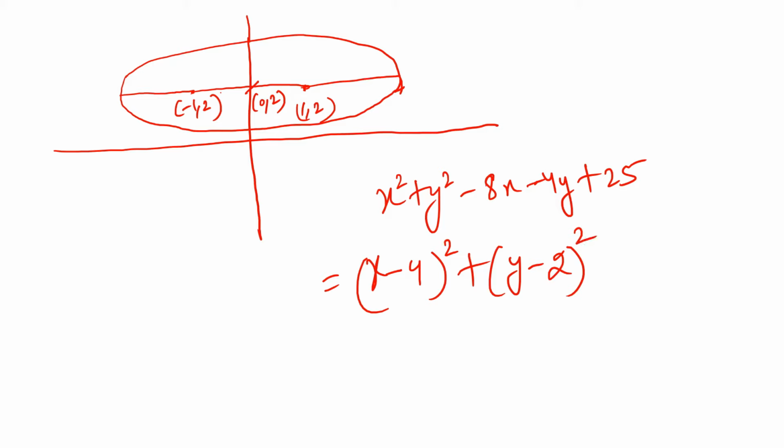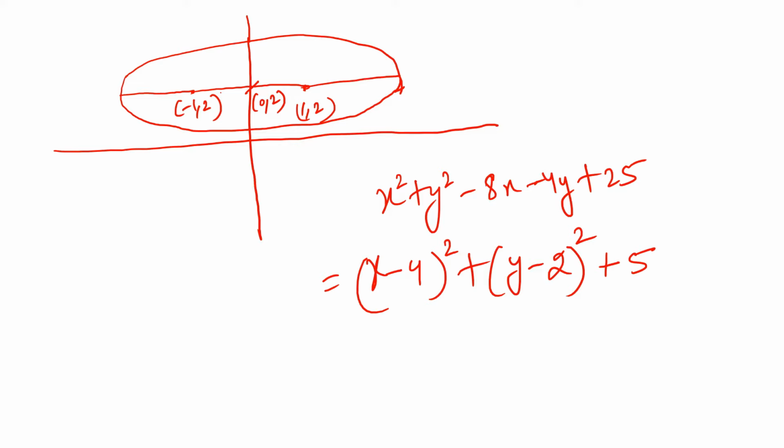Now when you expand this expression, you will be getting x² + y² - 8x - 4y + 20. So that means I can just add 5 to it so as to make it equal to the above expression, that is x² + y² - 8x - 4y + 25. Fine. Now (x, y) is the general point of this ellipse.